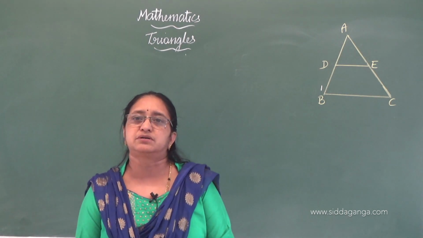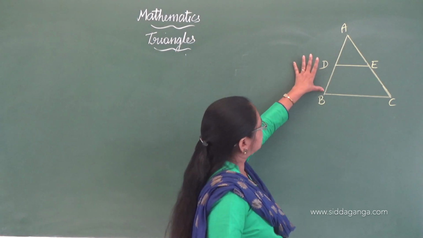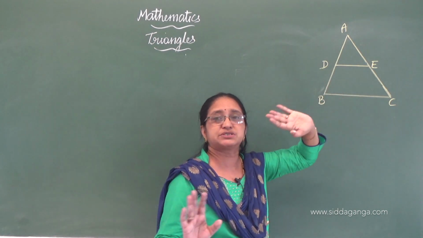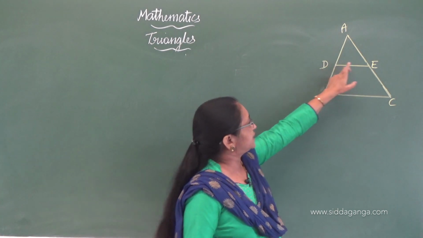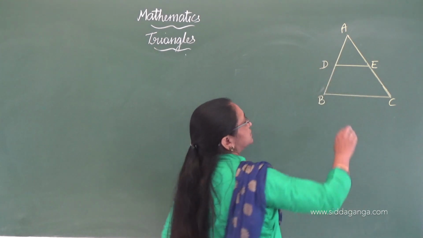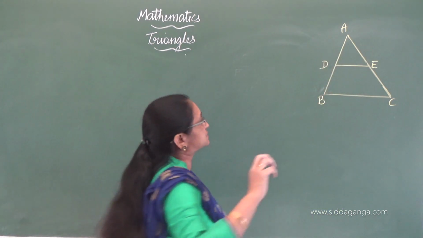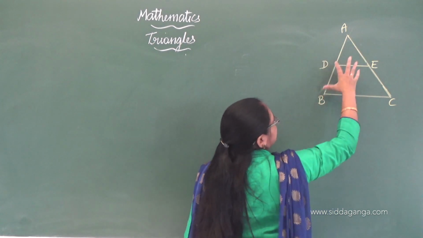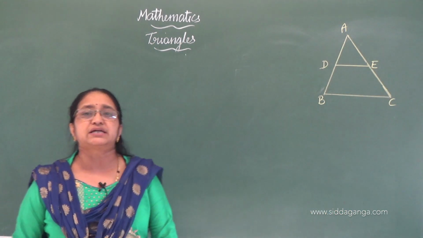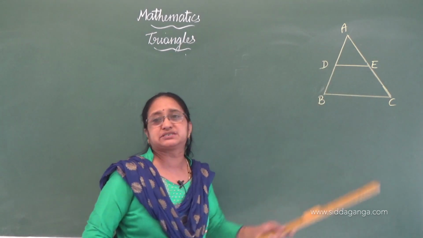Converse of BPT. Suppose a line DE is drawn. I am not saying parallel, DE is the line drawn which divides the other two sides of a triangle in equal ratio, that is if AD by DB is equal to AE by EC, then we can say that line DE is parallel to BC.